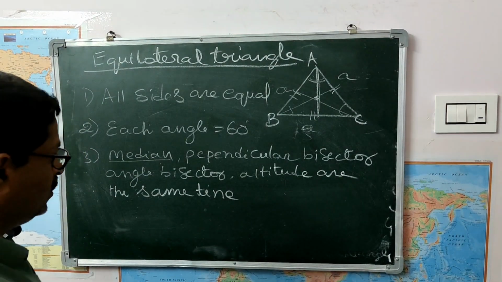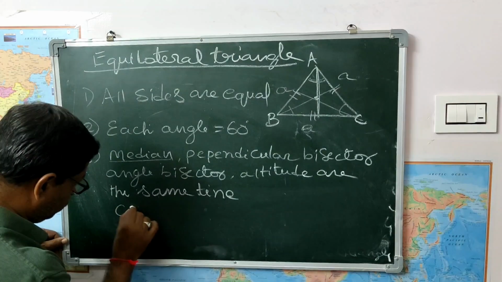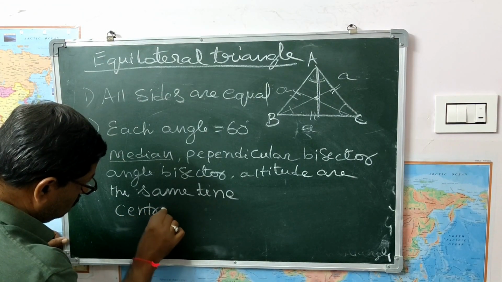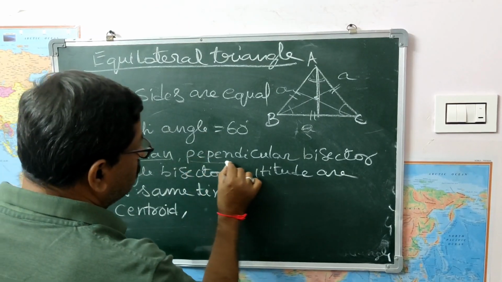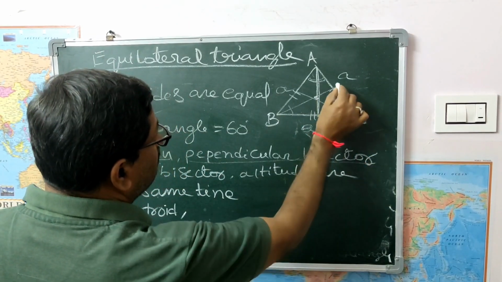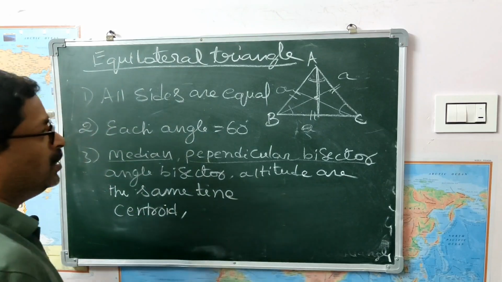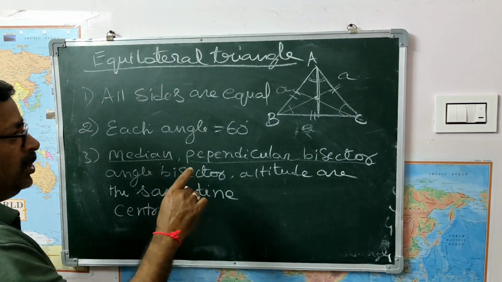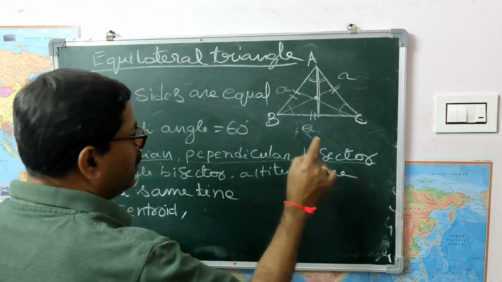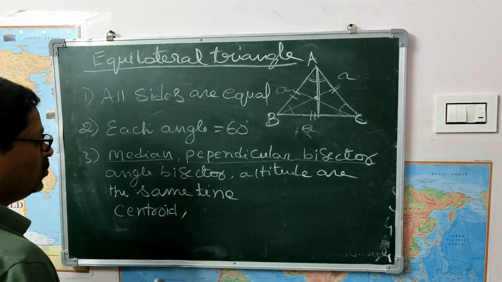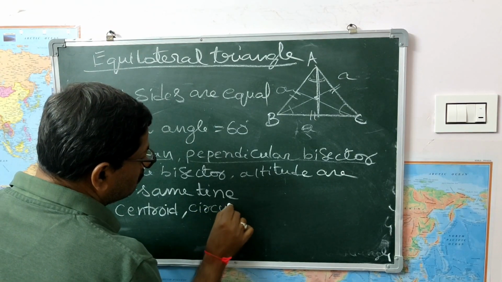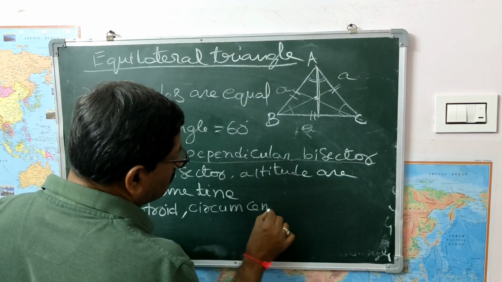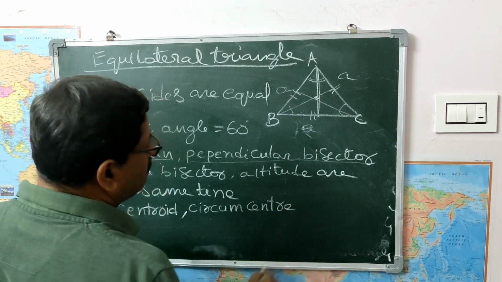Okay, that means centroid. Likewise, coming to the perpendicular bisectors, three bisectors pass through the same point. The concurrent point of the perpendicular bisectors is known as the circumcenter.